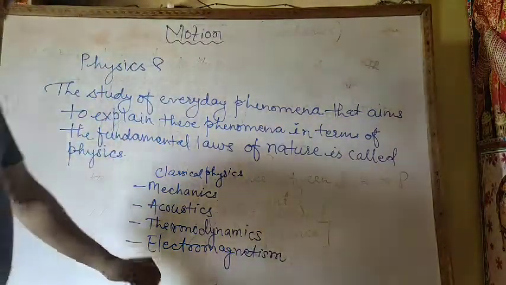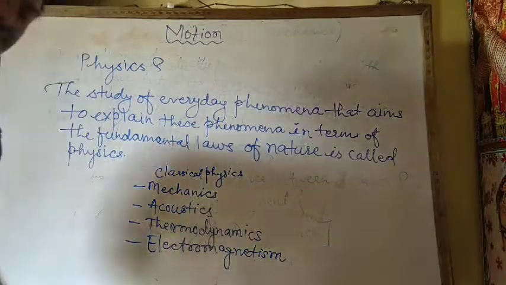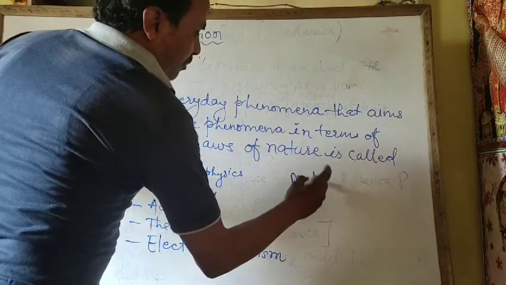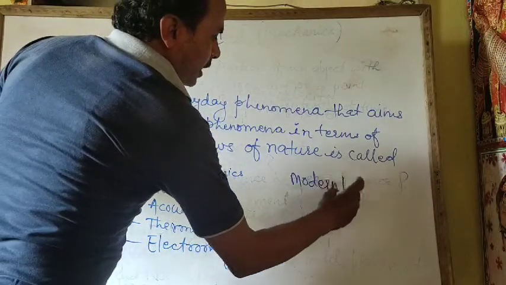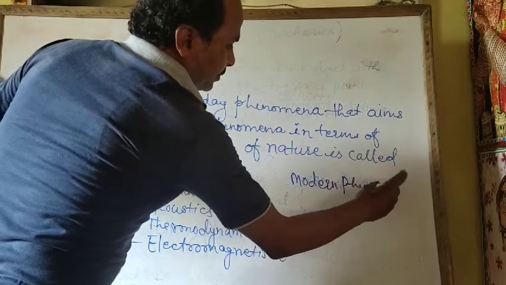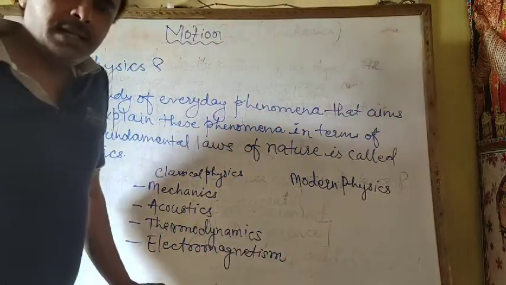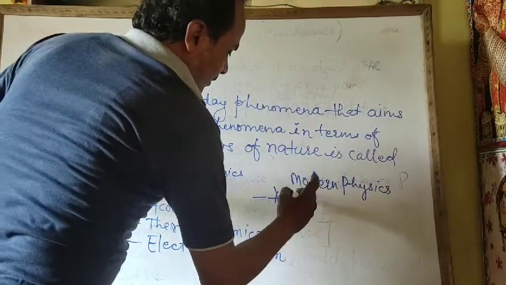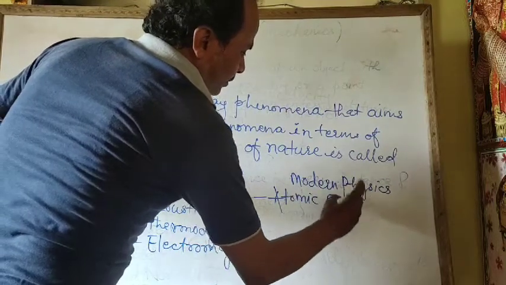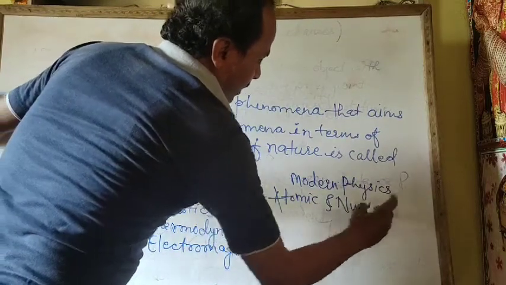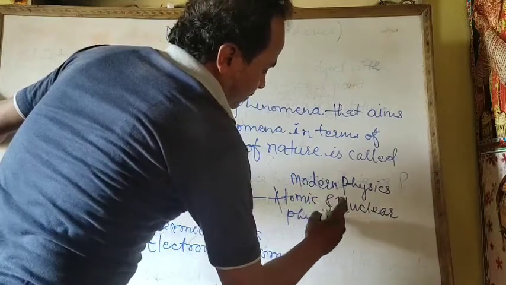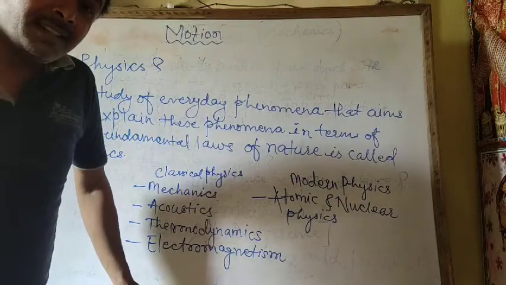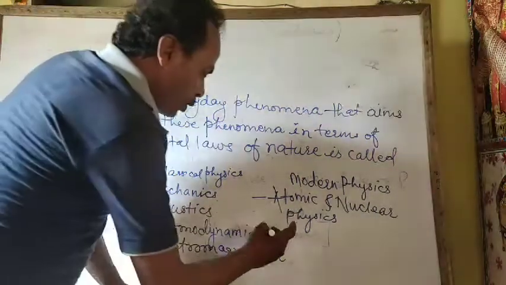But in modern physics, we have to study what? In modern physics, we learn atomic and nuclear physics. The next thing that we study is quantum physics, right? Quantum physics.